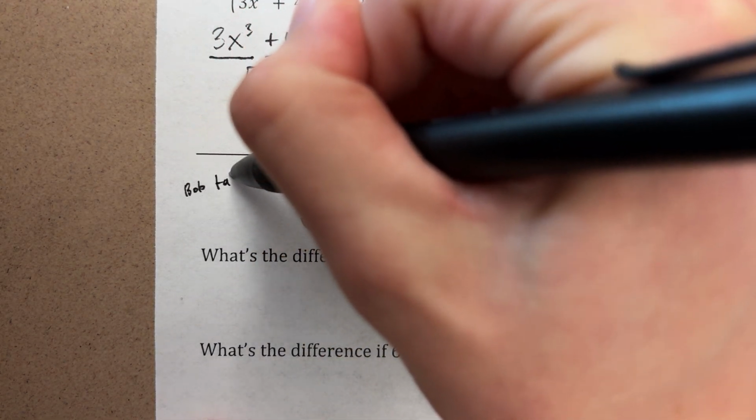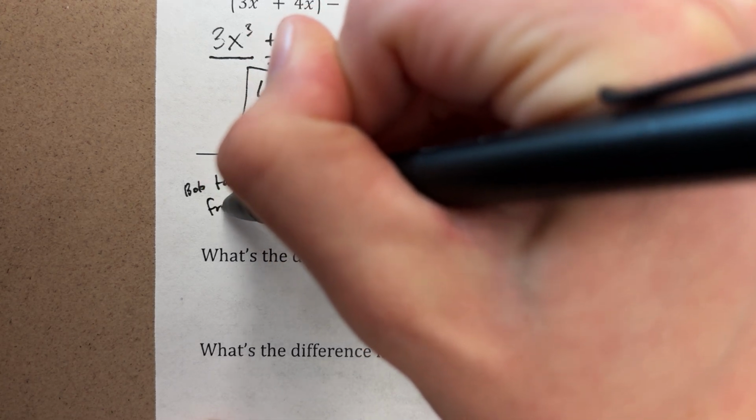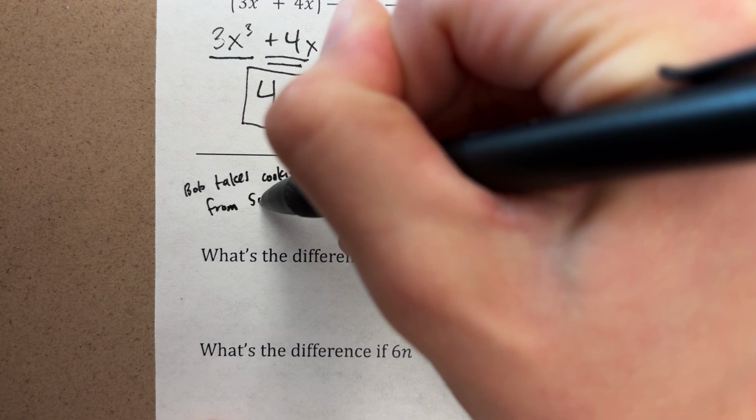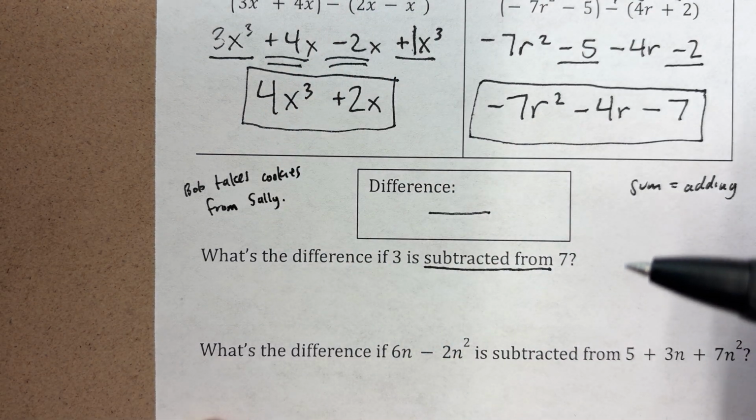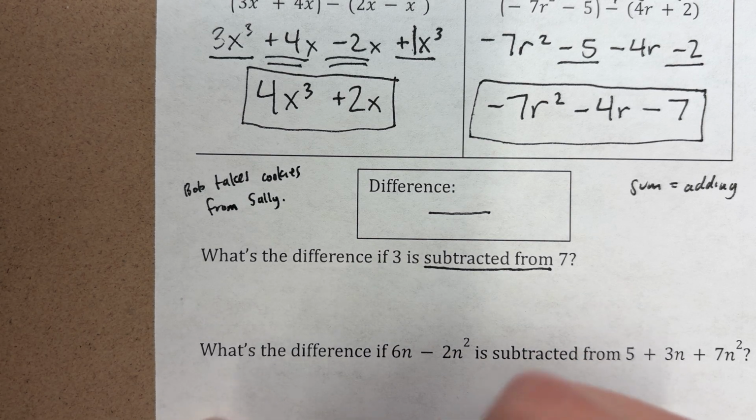Look, if I take, let's say Bob takes cookies from Sally, right? Let's just use random names. See how the word Bob comes first? Like Bob's name comes first. But here's the thing, who started with the cookies? Actually, Sally started with the cookies, right?